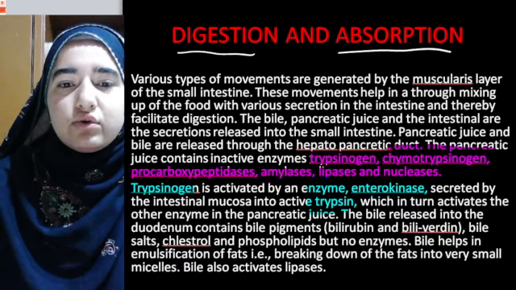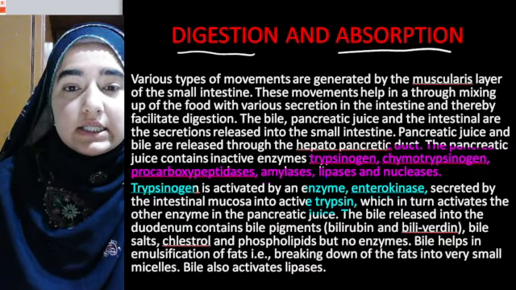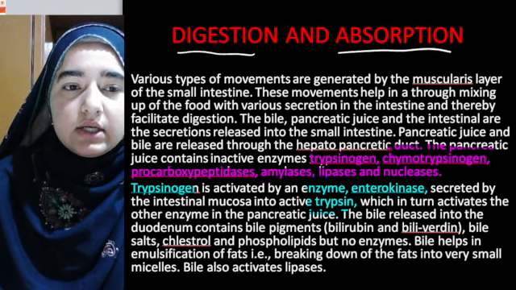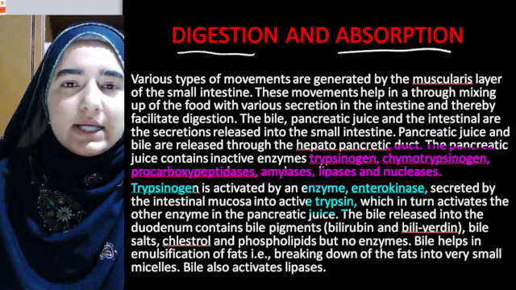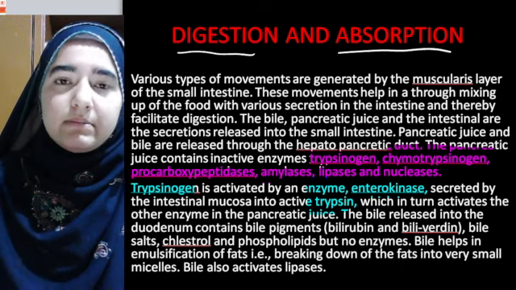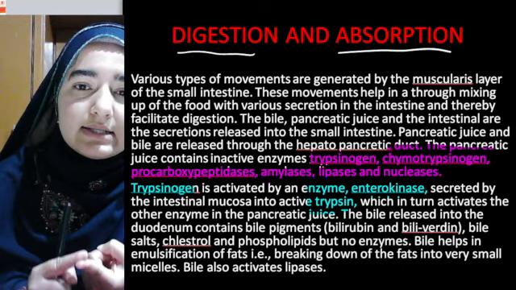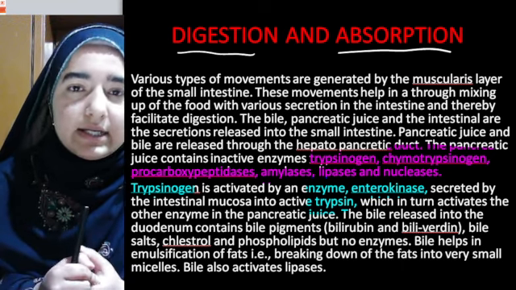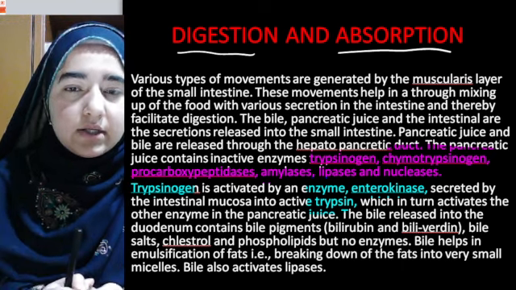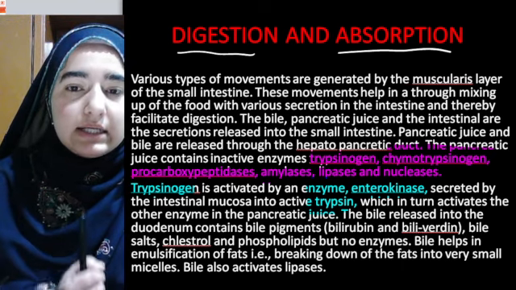It contains so many pigments, cholesterol and lipids, but it doesn't contain any enzyme. Please remember, pancreatic juice contains so many enzymes, which is highlighted here by pink highlighter, but bile does not contain any enzyme.